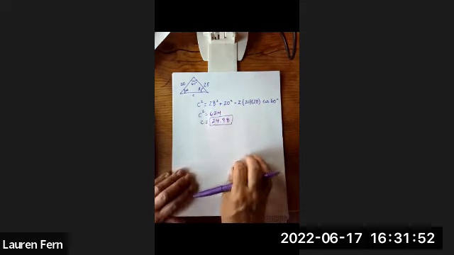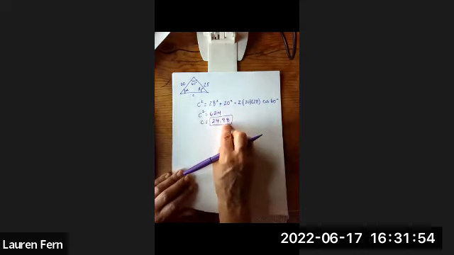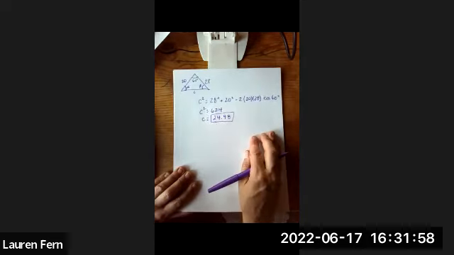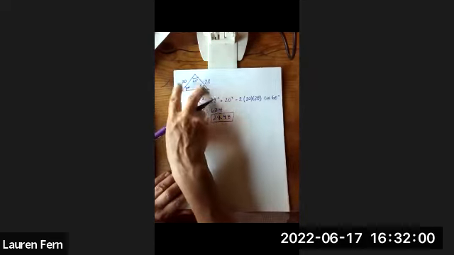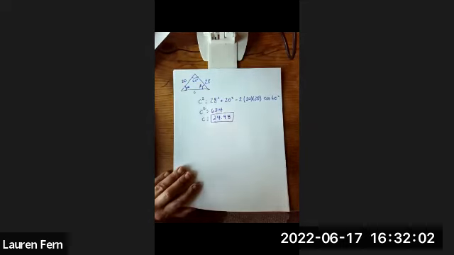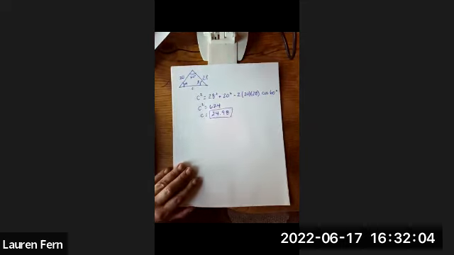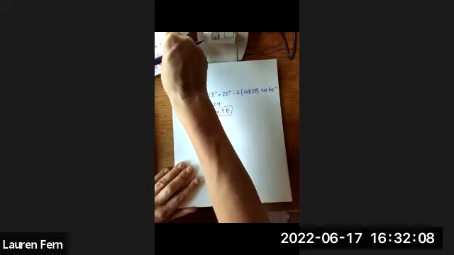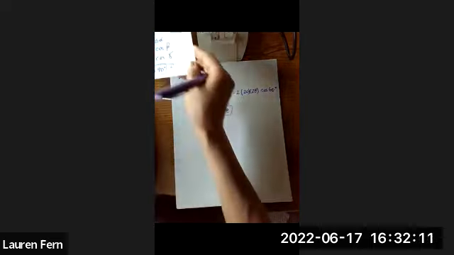All right. Now from here, I have all three sides. I could use my law of sines to find my angles alpha and beta, or my law of cosines. I'm going to use my law of cosines just because I want to show you something.